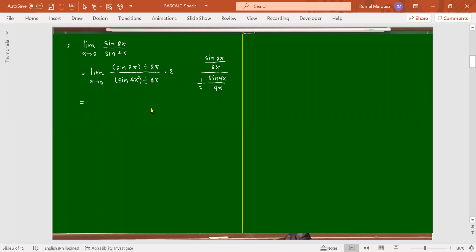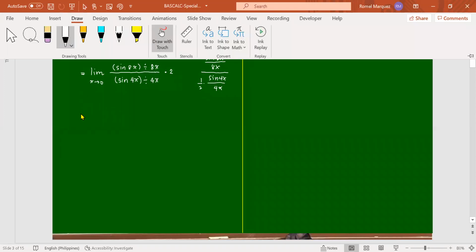Yes. Kasi itong 1/2 na to, magiging 2 yan eh, multiplier, no? So I can put the 2 out now. And this is equal to, o pwede ko na siyang isulat ng quotient ng limits na. Am I correct, guys? Yan. Pero you can do it mentally if you want.